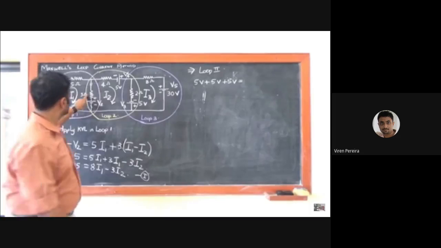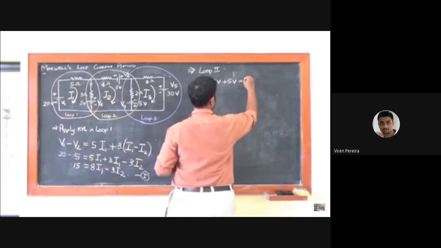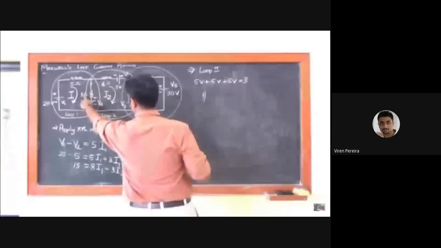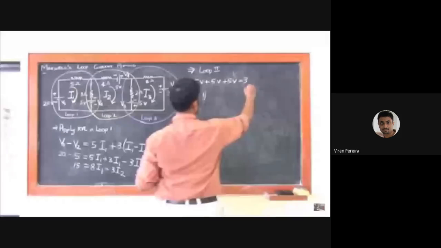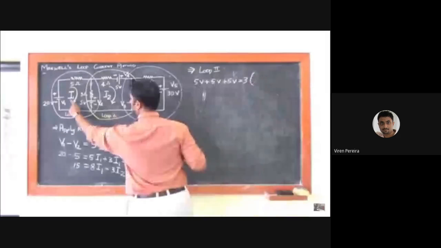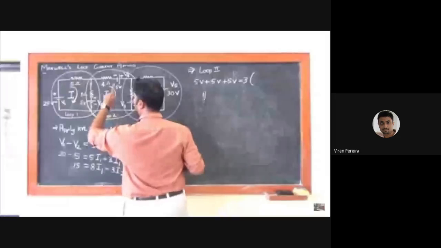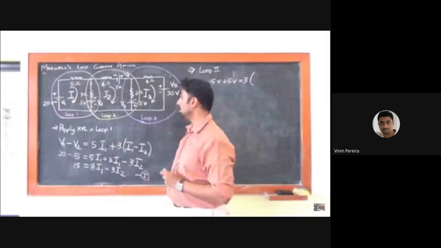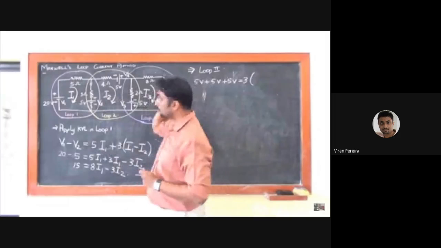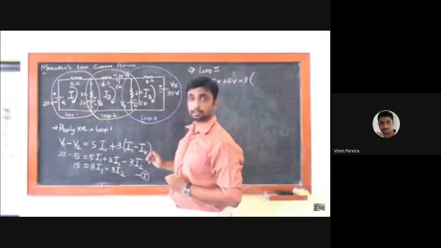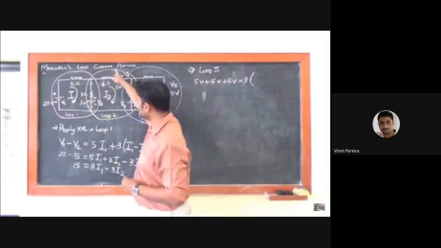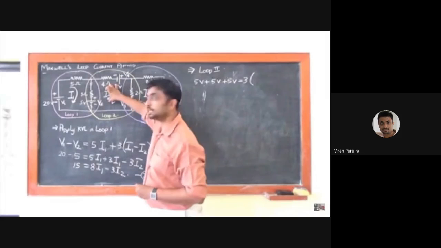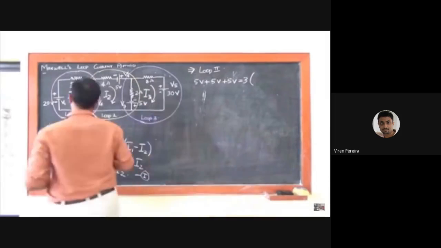Find out the drops. So first drop will be 3 ohms into combination of what? I1 and I2. One more important rule when using Maxwell's current method is, when you are taking this particular loop, this current gets priority.